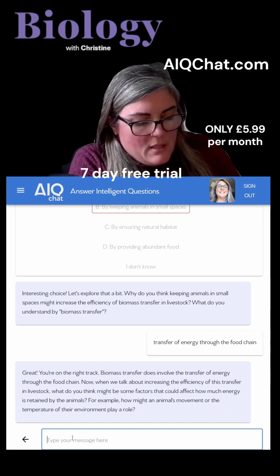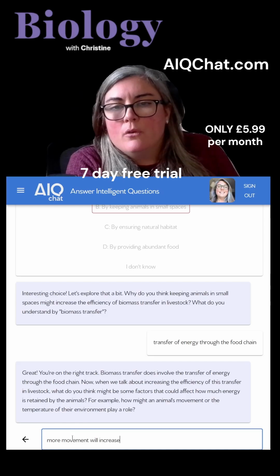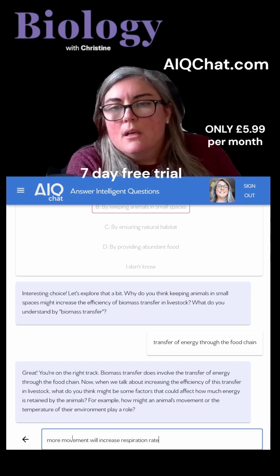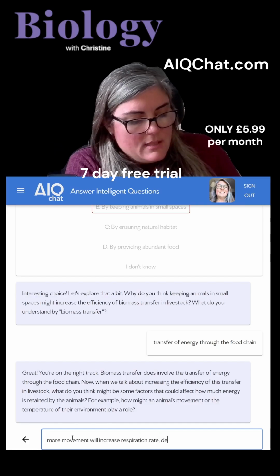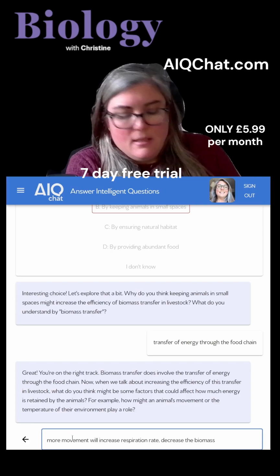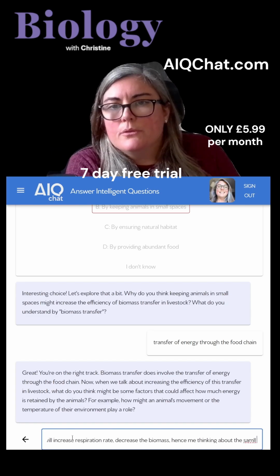Well, more movement will increase their respiration rate and therefore decrease the biomass, hence me thinking about the small space.